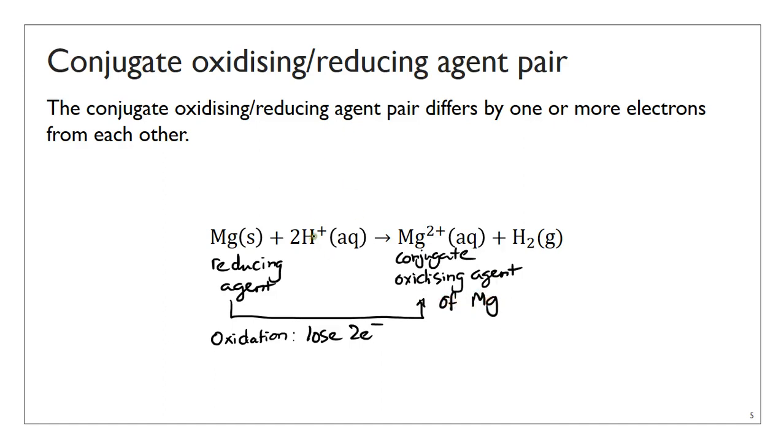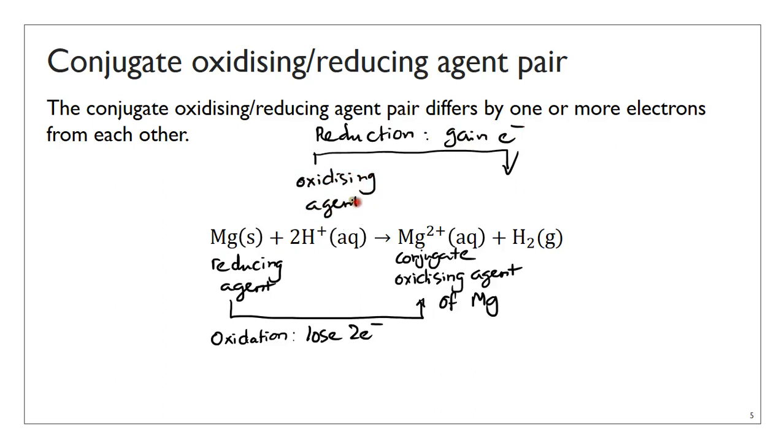Similarly, when you go from H+ to H2, this process is reduction, which is gaining 2 electrons. H+ is the oxidizing agent, which means that H2 is its conjugate reducing agent.